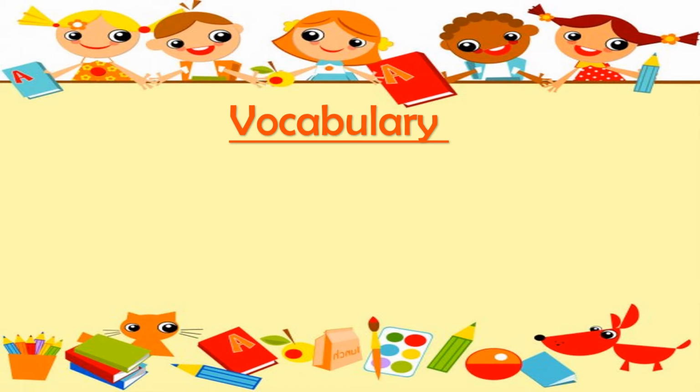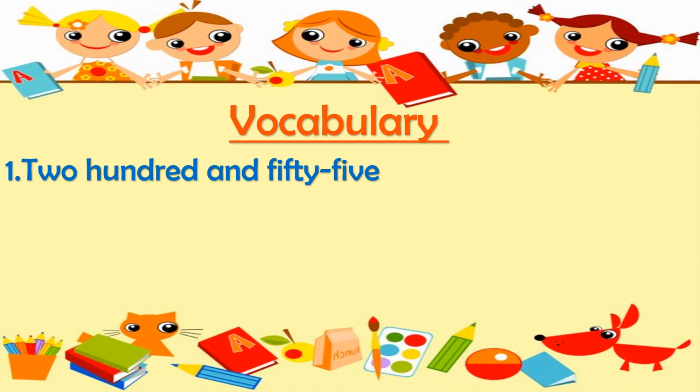Okay, students, now I'm going to show you the vocabulary that is written in words and written in number symbols. So, number 1 vocabulary that you see on our screen is written in words. 255. Let's spell the word 255, students.